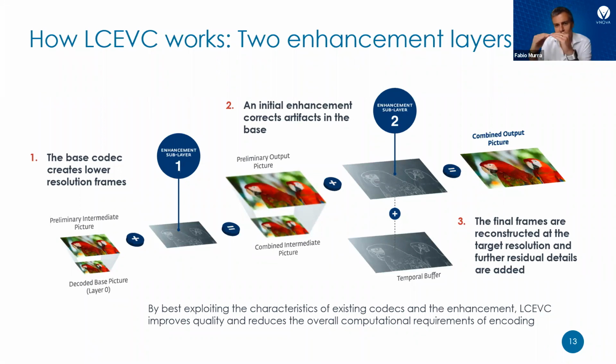The difference between that lower resolution and the original is then coded using different tools, using LCEVC, with 2 layers of enhancement. One provides a correction of artifacts at the base resolution, then a normative upscaler, so there is in the standard a number of upscalers that can be used to bring that lower resolution picture to the original or source resolution, at which point a second layer of enhancement is added.